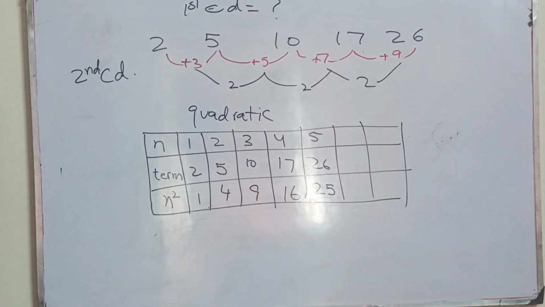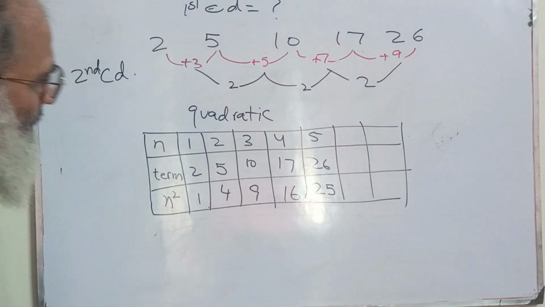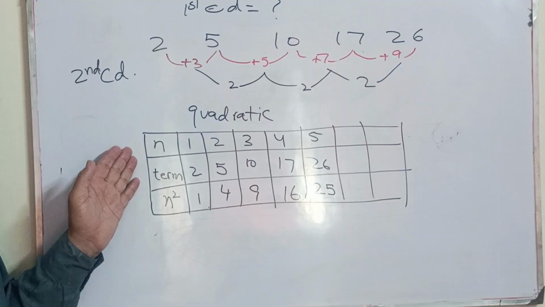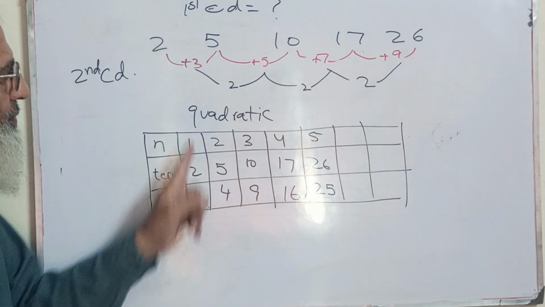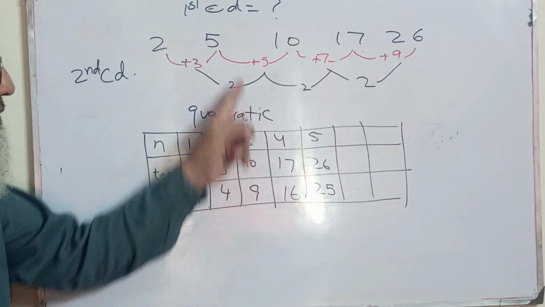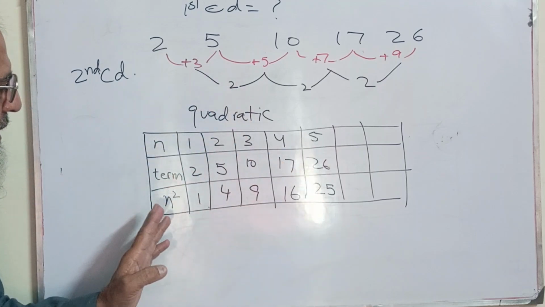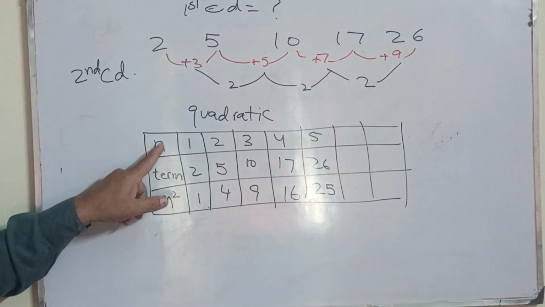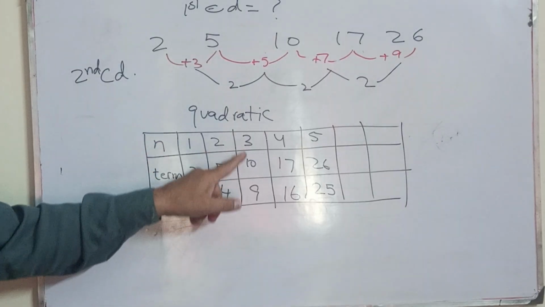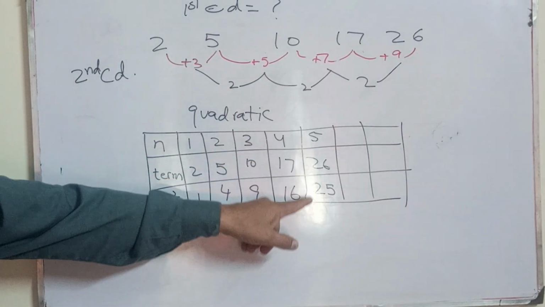So this is our n: 1, 2, 3, 4, 5. This is the term: 2, 5, 10, 17, 26. And n square, when you square it, will become 1, 4, 9, 16, and 25.